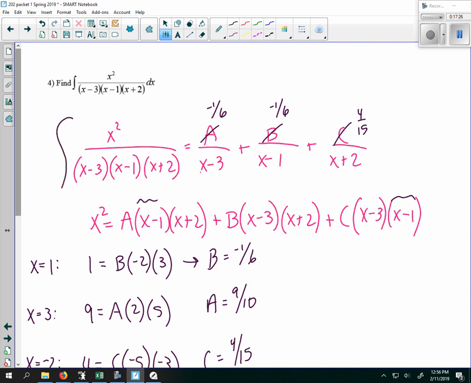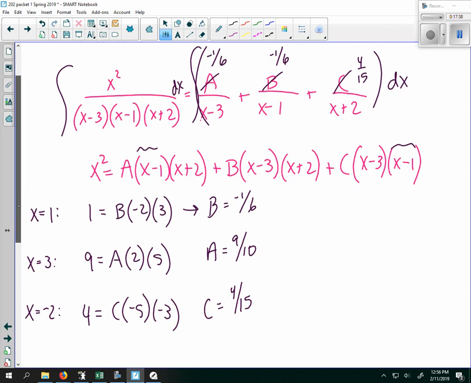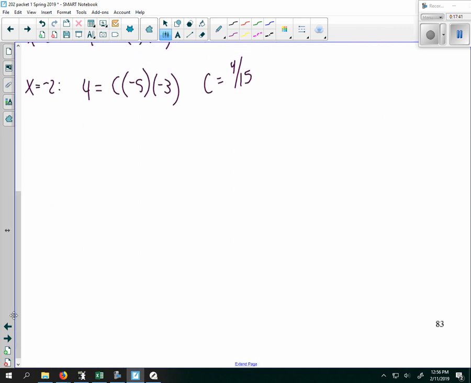So to integrate this, I integrate this whole thing. And I integrate each fraction separately. So I'm going to get negative 1/6. I'll write it down again.